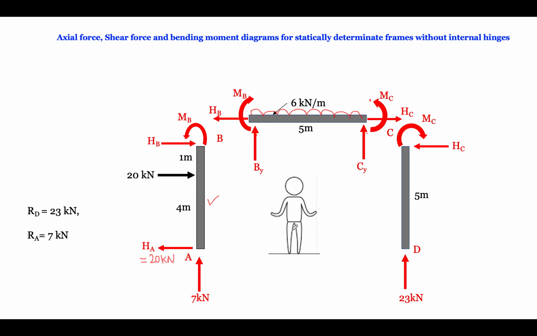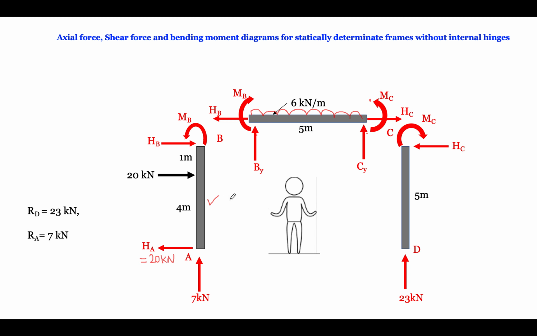Now we also have to decide what the positive and negative forces are that we are going to get while calculating. We have to assume that one person is standing inside, and whatever forces are on this side.